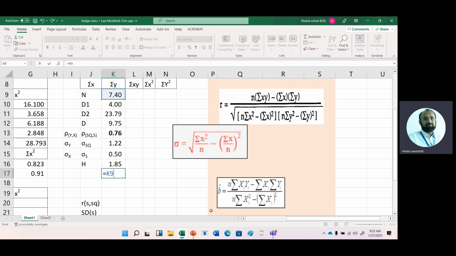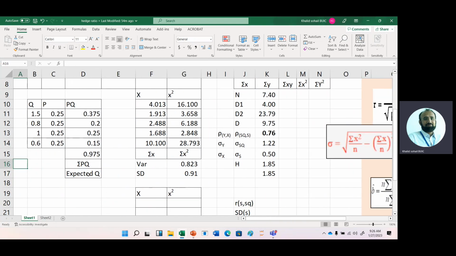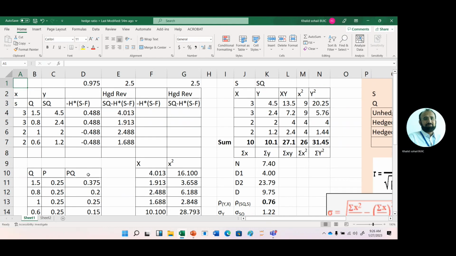Just take this numerator divided by this D1. We have all calculated, n summation x minus 1 as D1, divided by this. So we have the same answer with the help of beta. We have calculated this one. Now we use the number of contracts as 1.85.